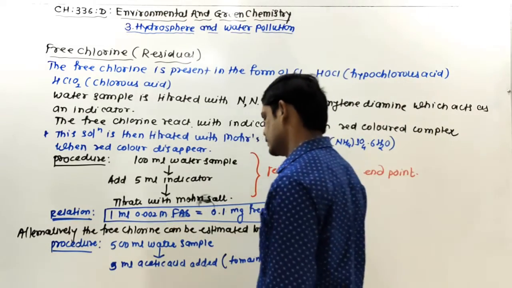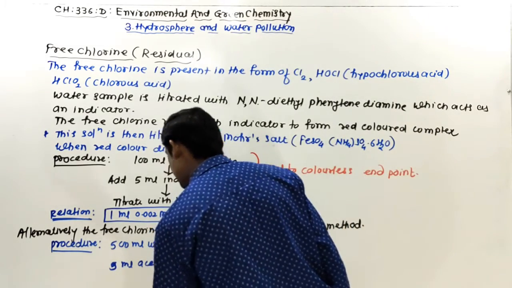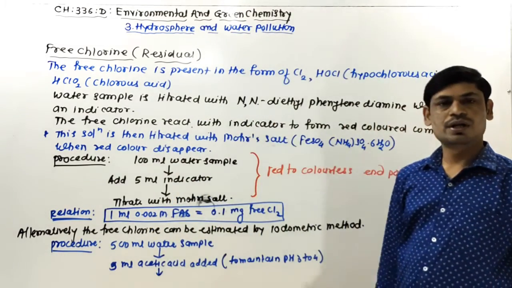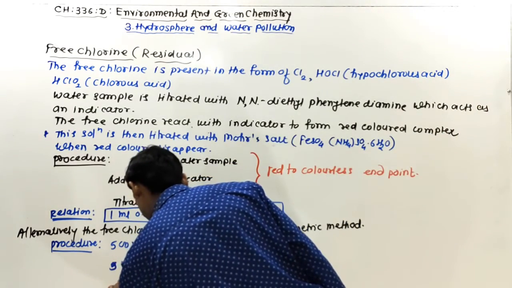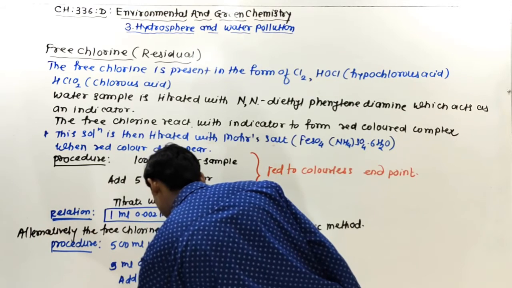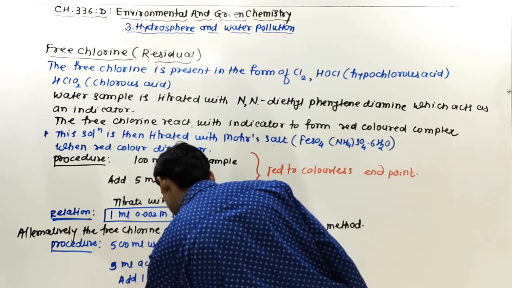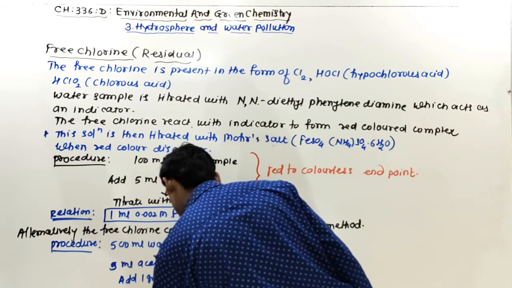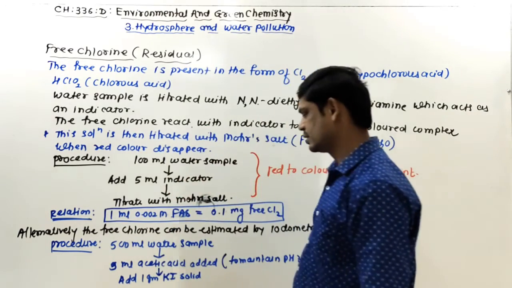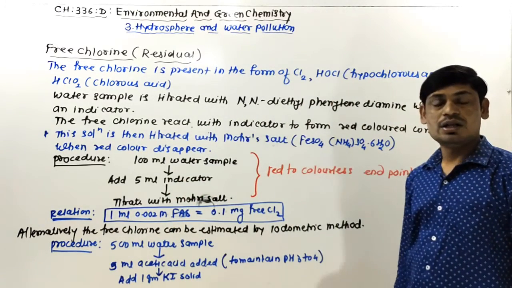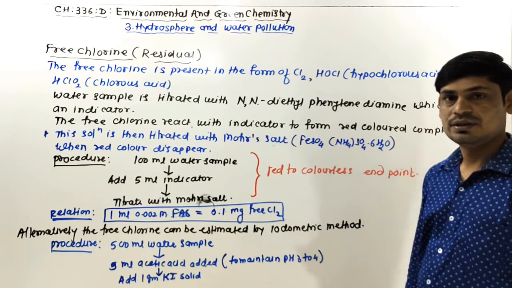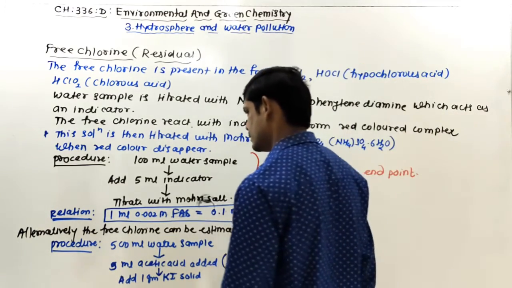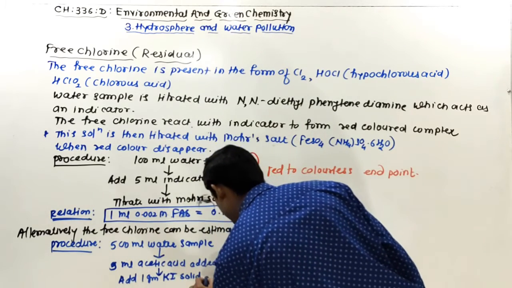After that, we have to add 1 gram of solid potassium iodide, and then iodine will be liberated.